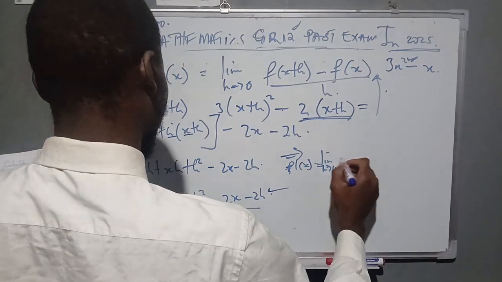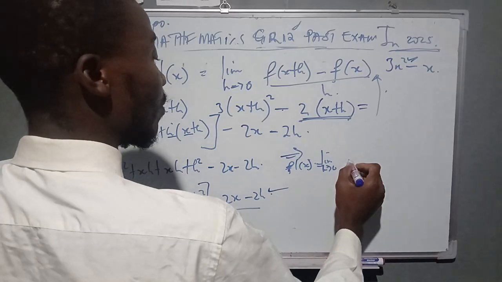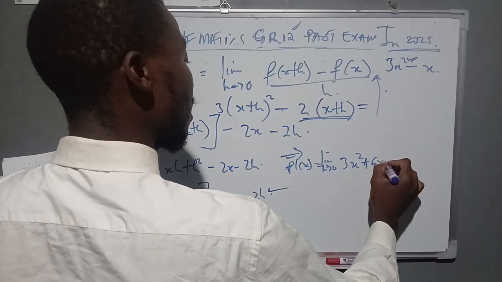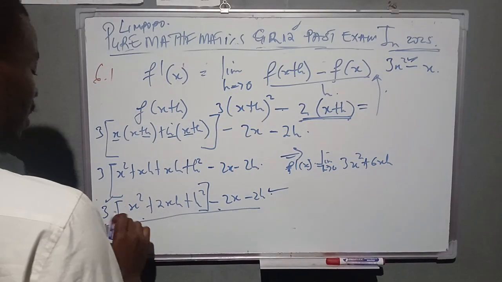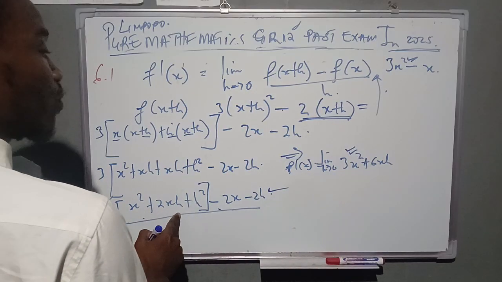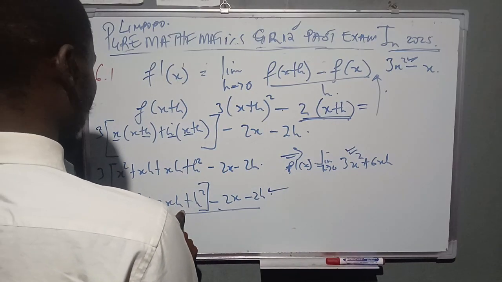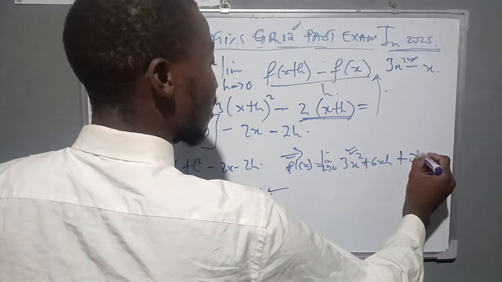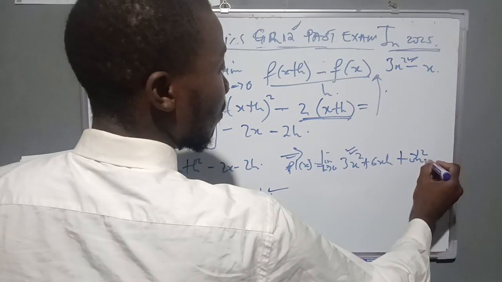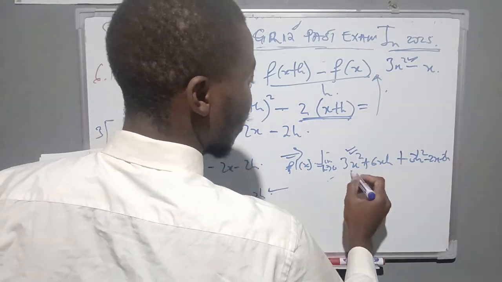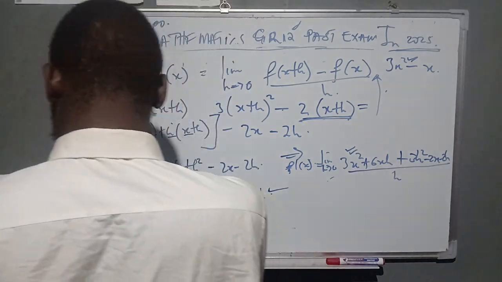So we're going to get 3x squared plus 6xh, because 3 times x squared is 3x squared, 3 times 2xh is 6xh, then 3 times h squared is 3h squared, minus 2x minus 2h over h, like that.